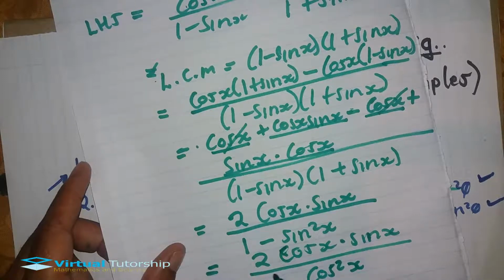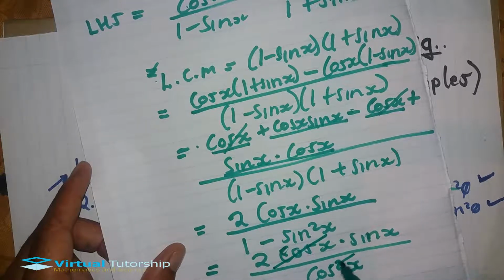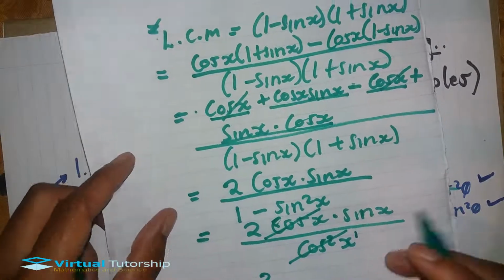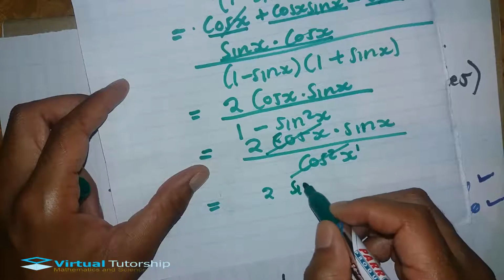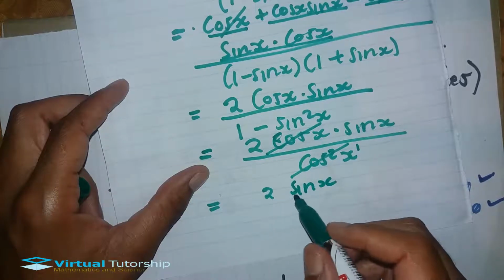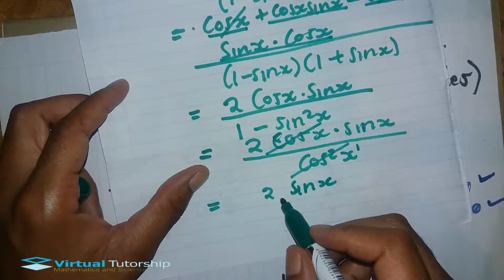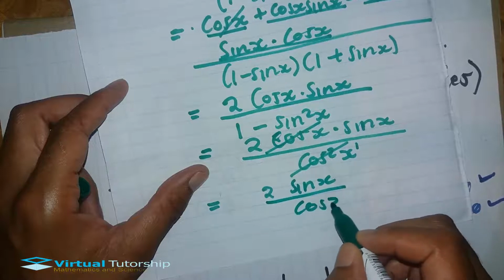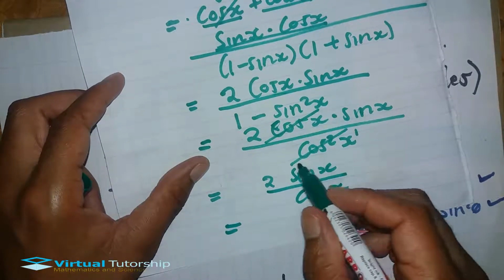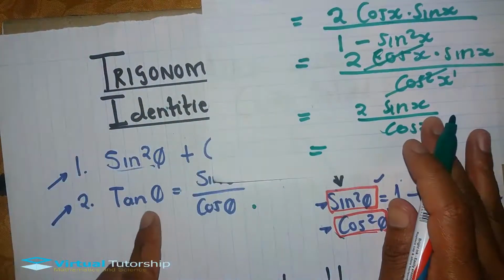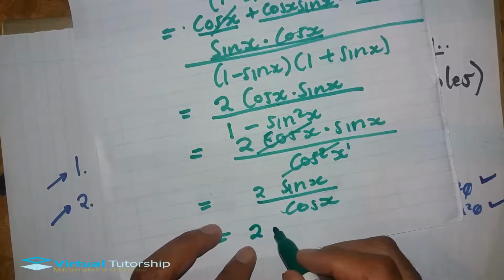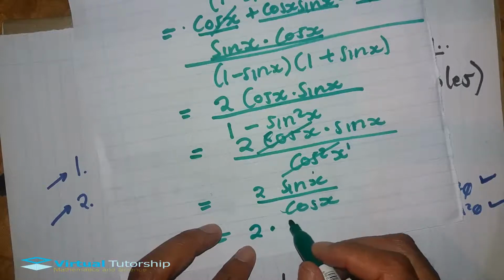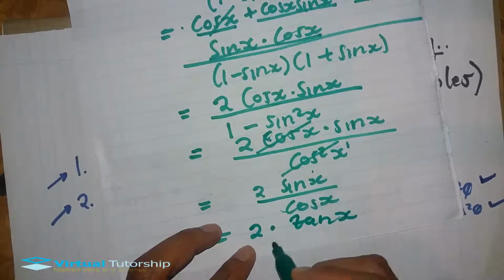One cos cancels with the cos on top, leaving 2 sine x over cos x, and sine x over cos x is equal to tan x. So it's 2 times tan x.